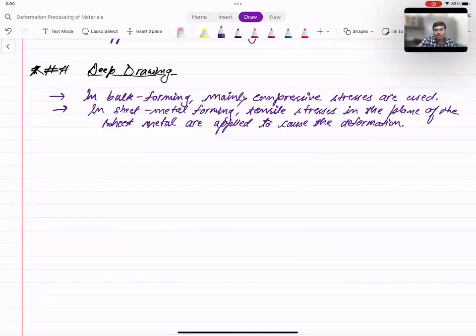Because application of compressive stresses may result in buckling of these metal sheets.